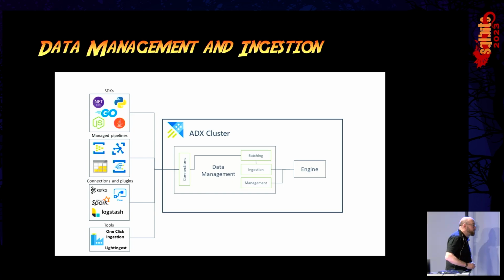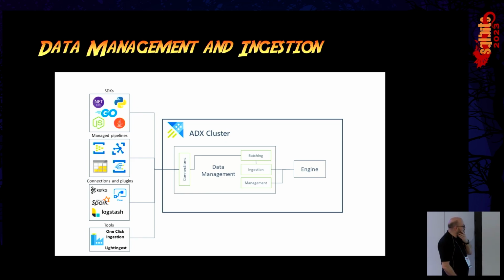So data management and ingestion. If we look at this slide, we see, first of all, there are different SDKs for all systems which are commonly used. For example, .NET, and there are SDKs for Python, for Go, for JavaScript, and for Java. Managed pipelines can be used, for example, for Azure IoT Hub, for Azure Tables, and so on.